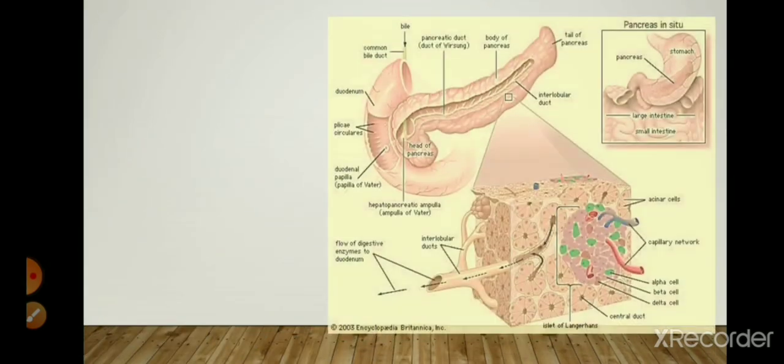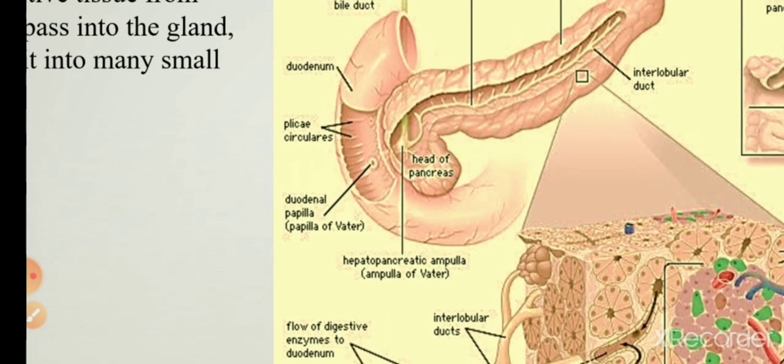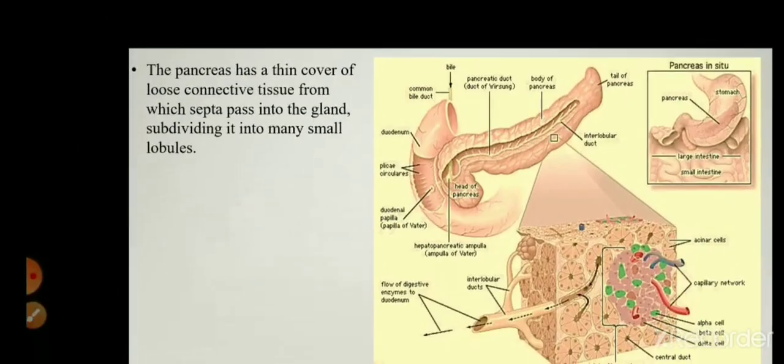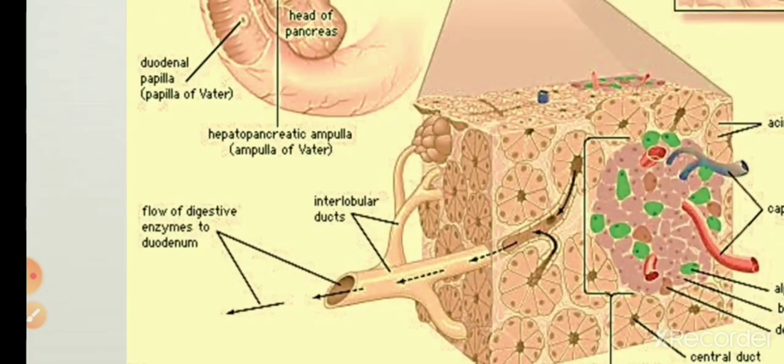Next point. The pancreas has a thin cover of loose connective tissue from which septa pass into the gland, subdividing it into many small lobules. As we can see in the photograph, these are the circular, small lobules.